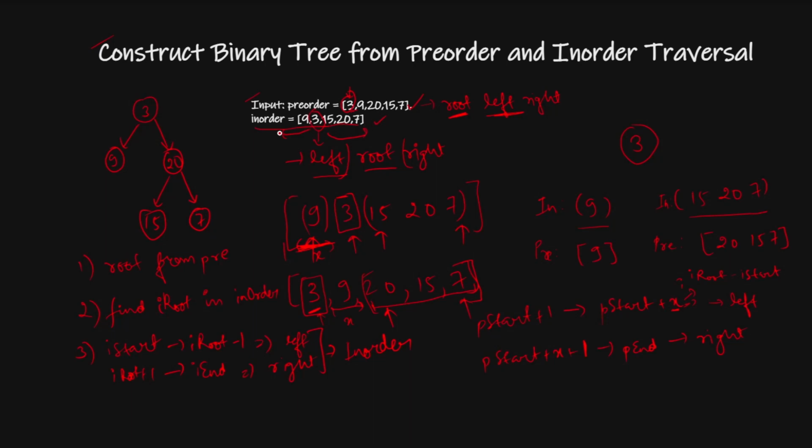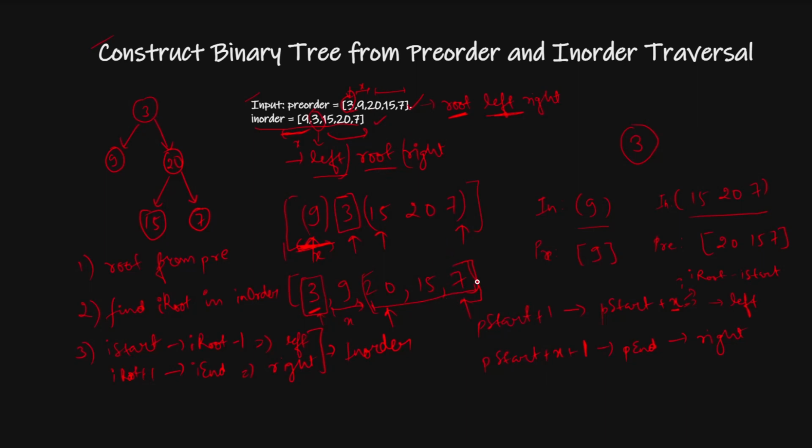Now what I have to do is find the preorder also. So how do I find the preorder? If this is X, then from here X number of elements will be my left subtree preorder, and after X the rest will be my right subtree preorder. So I hope I am clear till now.